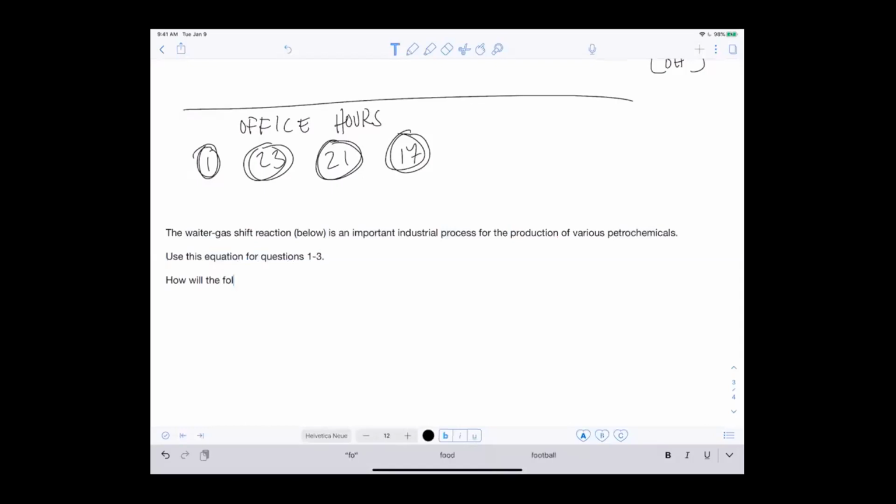How will the following changes affect equilibrium?